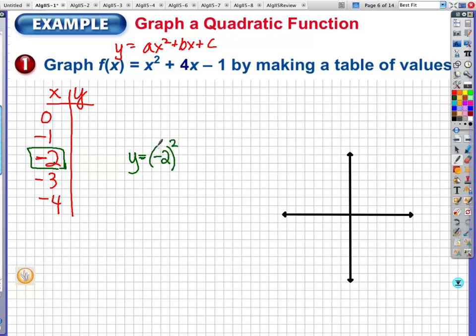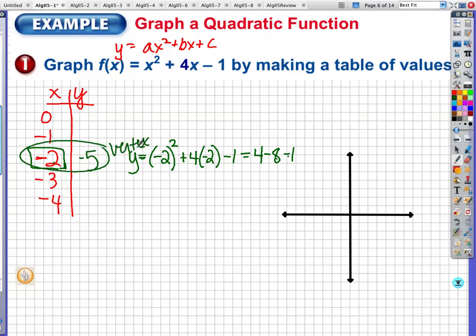It's -2, put it in parentheses, squared, plus 4 times -2 minus 1. This becomes -2 squared. Don't put it in your calculator. Just take -2 squared, you get 4. 4 times -2 is -8, and then you've got a -1. So this is 4 minus 8 is -4, minus 1 is -5. Okay, this is the vertex.